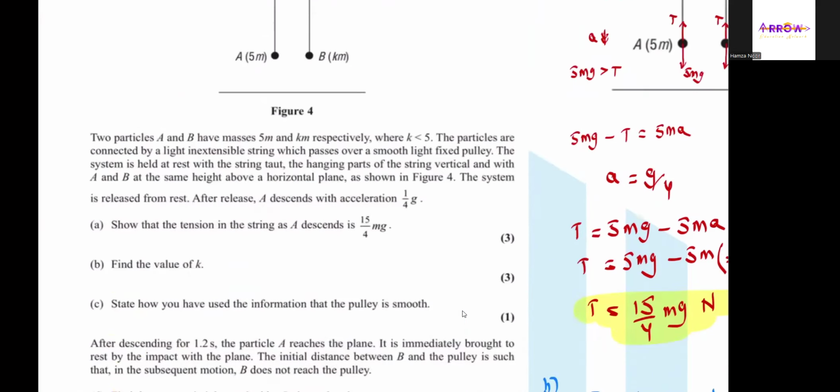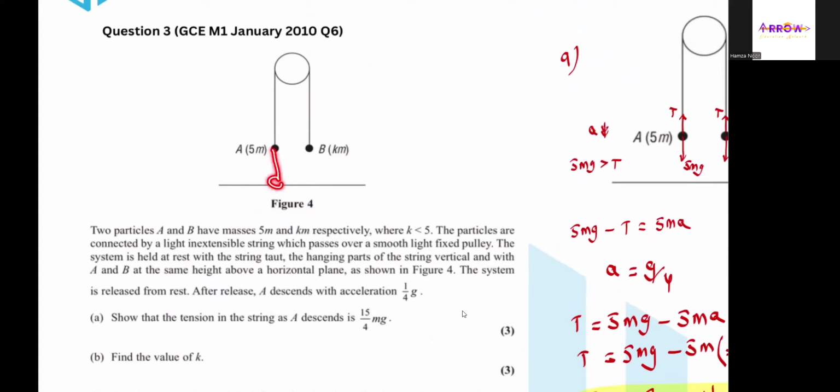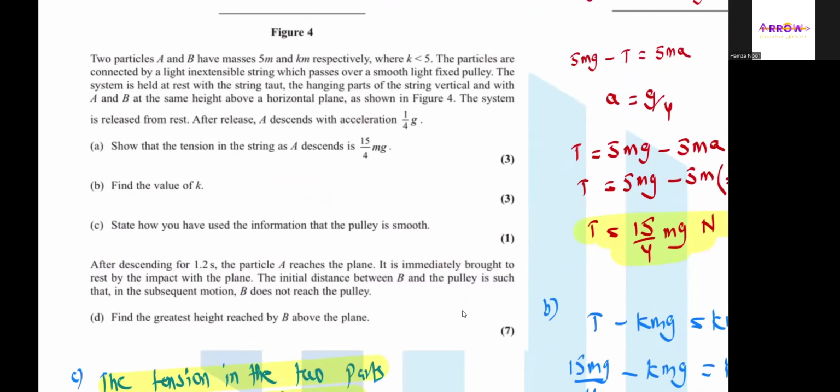Otherwise, before particle A comes to the ground, B would be stuck at the pulley. So here is the assumption which is given to you. After descending for 1.2 seconds, particle A has reached the horizontal plane, and it is immediately brought to rest by the impact with the plane.